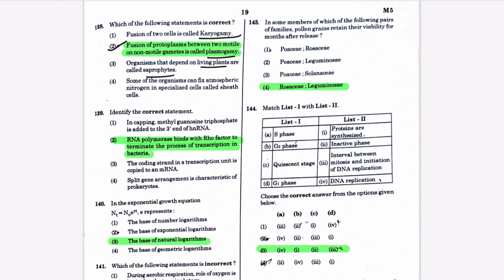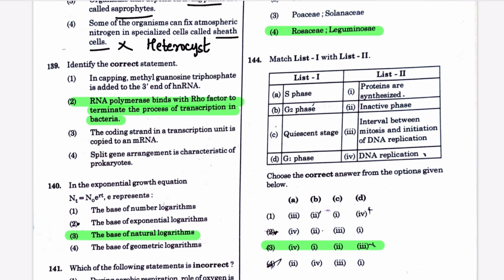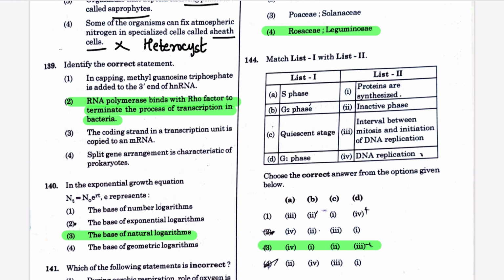On dead plants only we call them saprophytes. And some of the organisms can fix atmospheric nitrogen in specialized cells, but it is not called sheath cells. Okay, so option 2 would be the right answer. Maybe here you can tell in terms of cyanobacteria we can call them heterocysts.